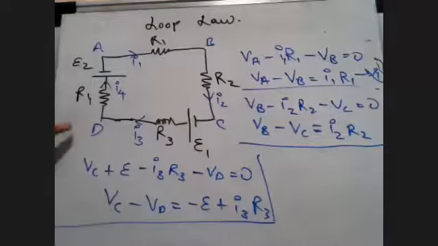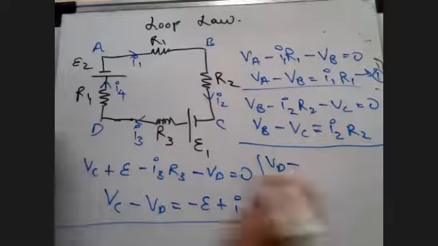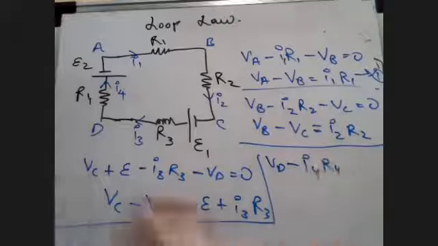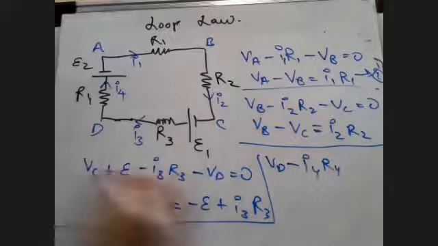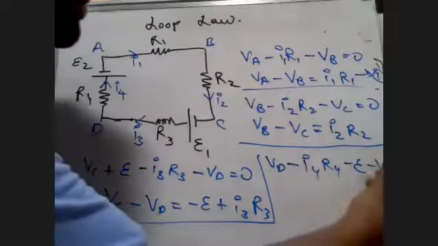What is going to be my fourth equation? Of course, I'm going from D to A now, in the direction of the current. So it will be VD minus I4 R4, then minus epsilon, minus VA equal to 0.